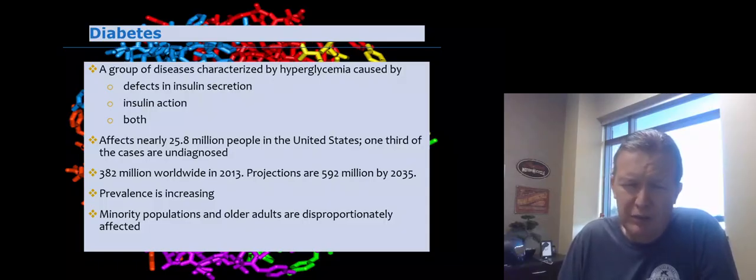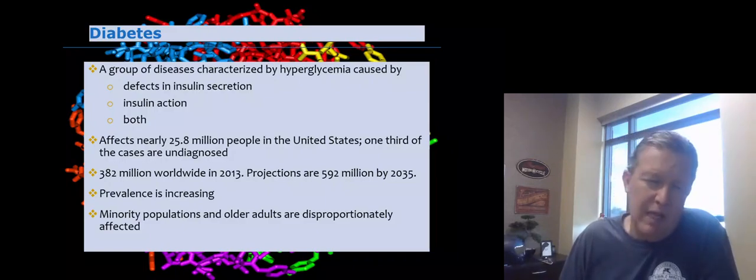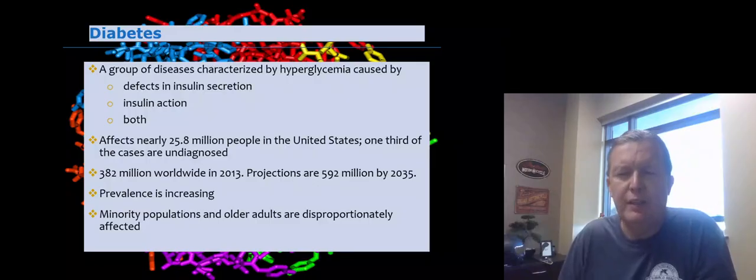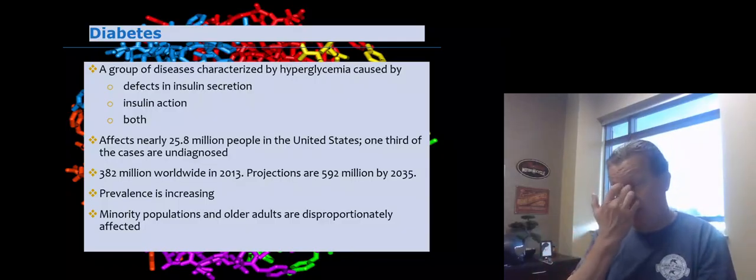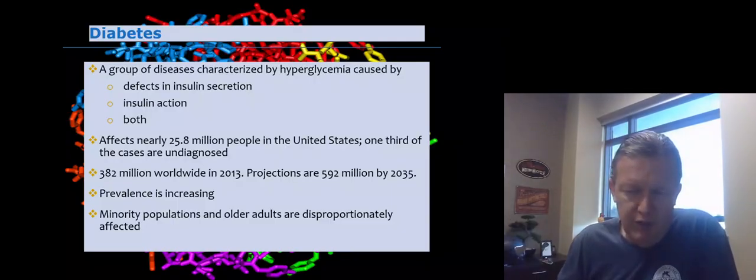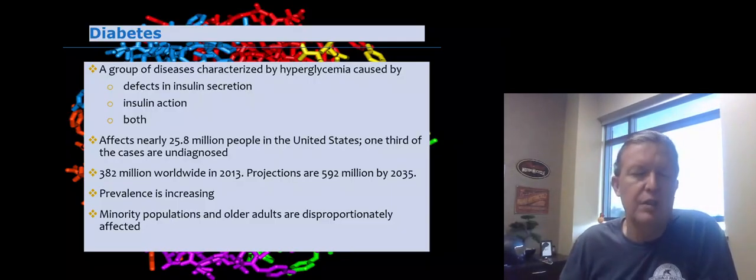There are 382 million cases worldwide. That's as of 2013, and it's projected by 2035 there'll be almost 600 million cases, which is a huge growth of a condition, some of which is preventable or treatable, as we'll discuss as we move on.